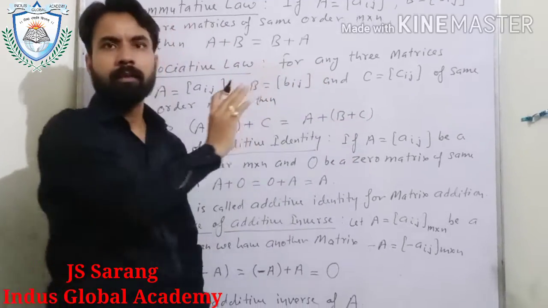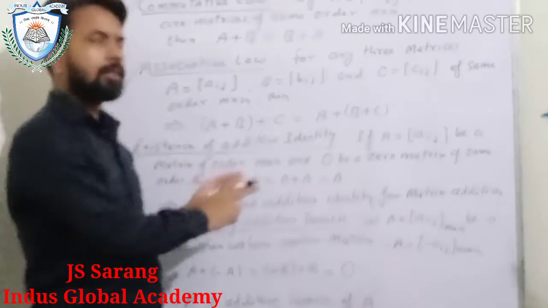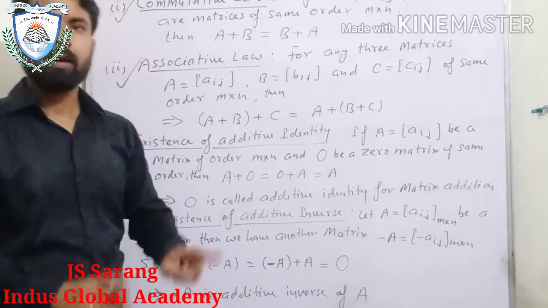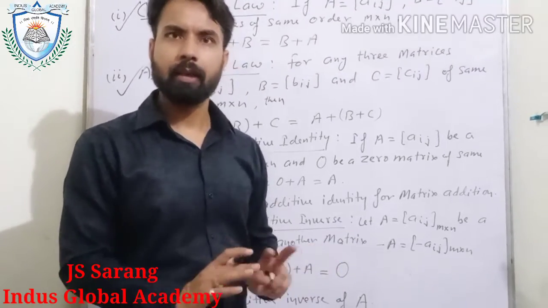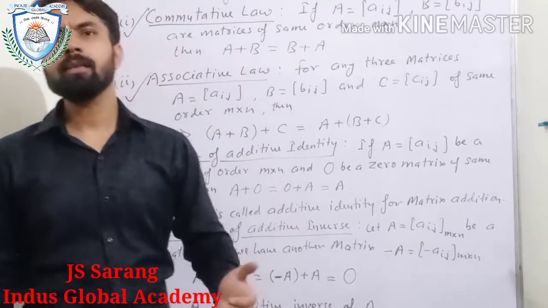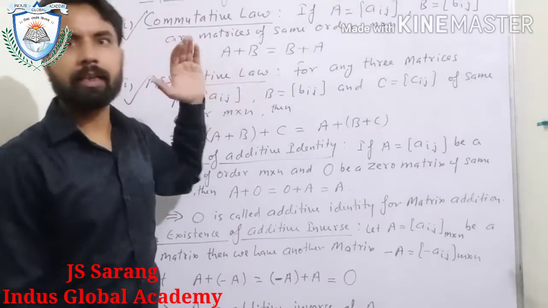This is also the same as the commutative law. The addition will remain the same. The order of the matrices doesn't matter here. Understood? So addition of matrices satisfies the commutative law as well as the associative law.